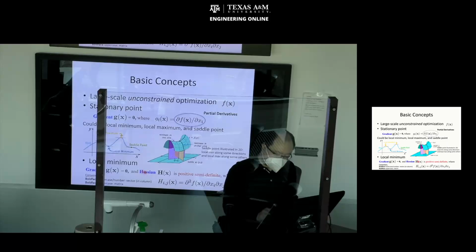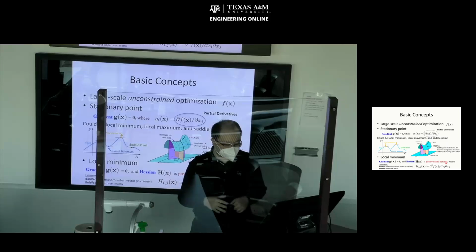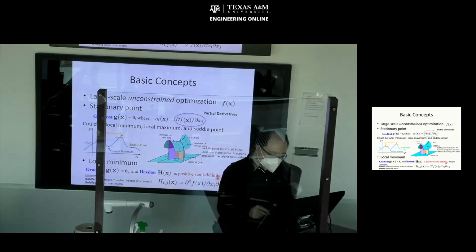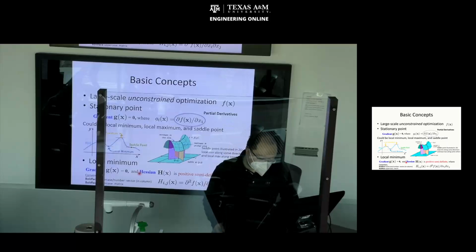Those where the Hessian, which is the second order derivatives, is positive semi-definite. So it's non-concave, the shape is like convex. So this is what a local minimum is. Any questions so far? Okay, so this is a review.